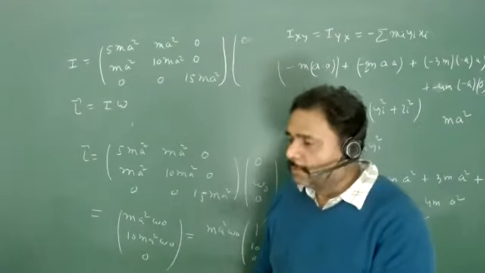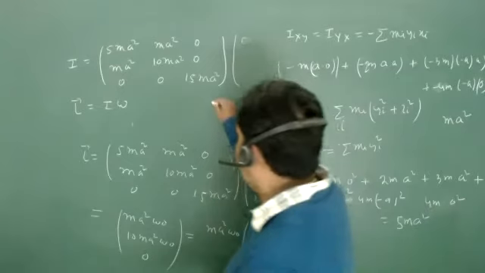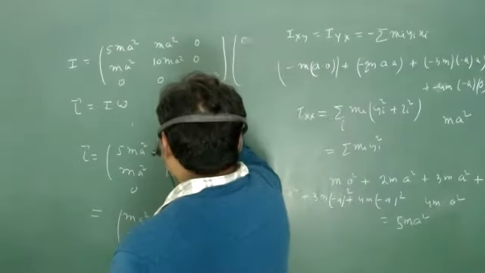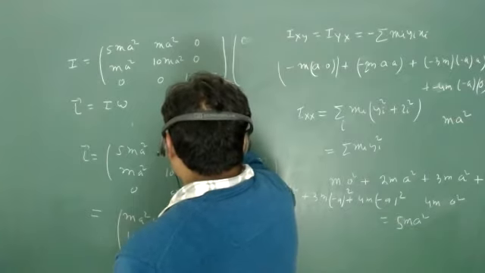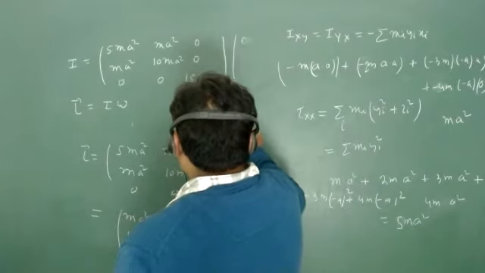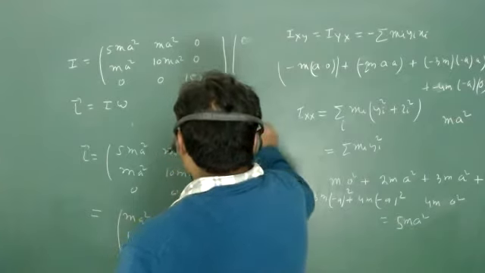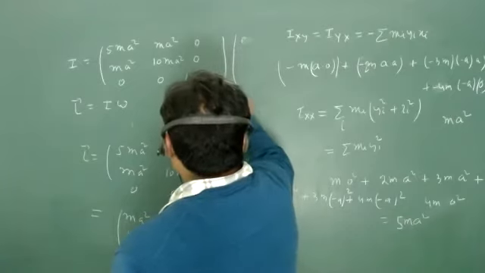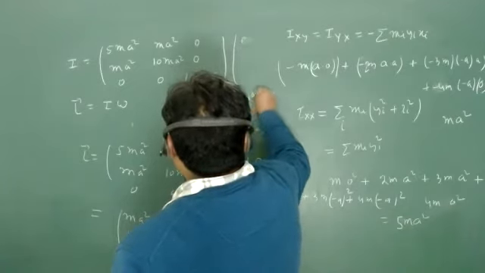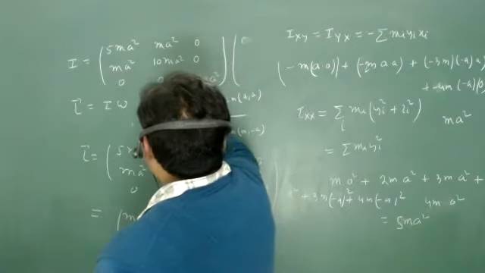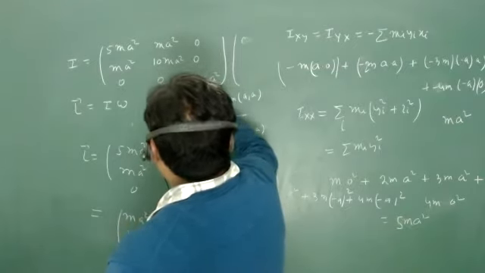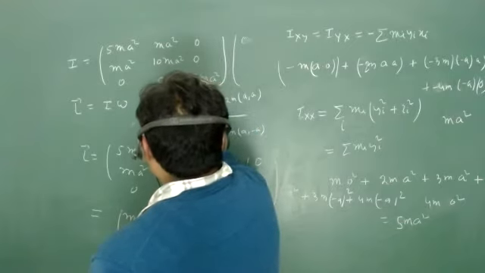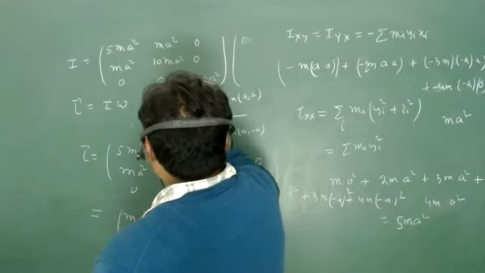You can do this problem again with this particular origin. Let's say, just do this as homework and post me what the answer is. This is m, a, minus a; 2m, a; and 3m, a, minus a; and 4m, minus a, minus a.